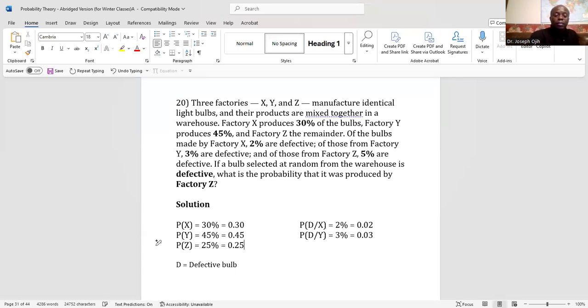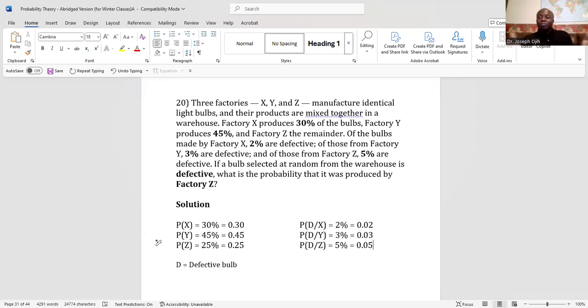And it says that of those from factory Z, 5% are defective. So defective given factory Z equals 5%, which is 0.05.